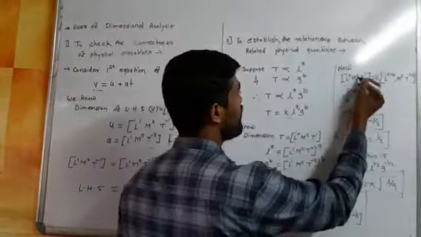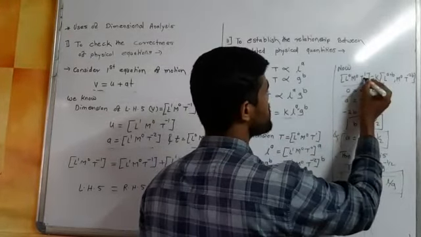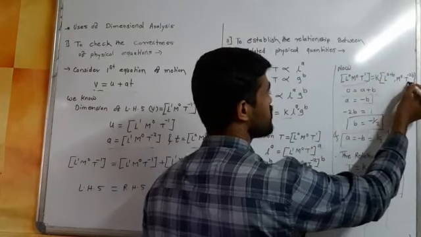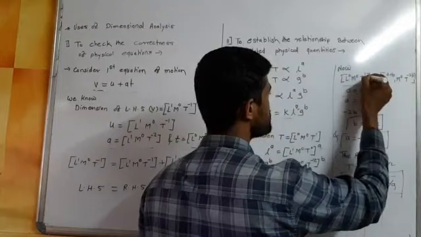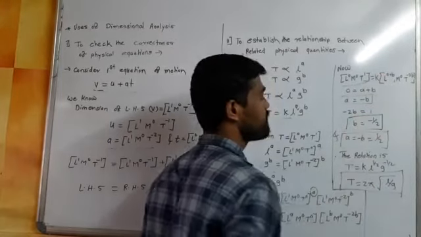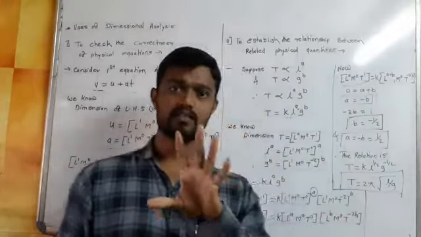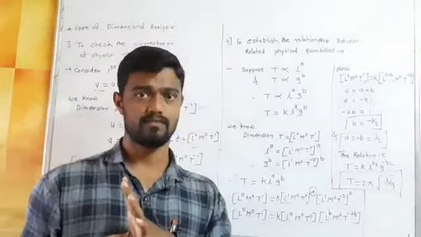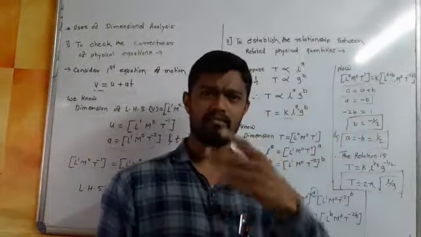Next, M is 0, so you get 0 is equal to 0. T is equal to 1 here, and T is equal to minus 2B, so minus 2B is equal to 1. Just think about your powers; L, M and T will be neglected.